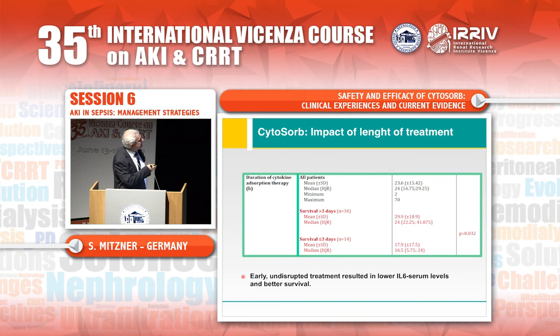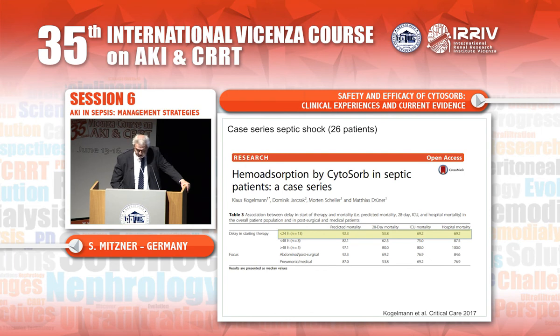Some probably died on the way, but still, we had the feeling that if we managed to keep a patient on the treatment and alive long enough to get an early start and undisrupted treatment, then we see better removal of the markers and maybe better short-term survival.